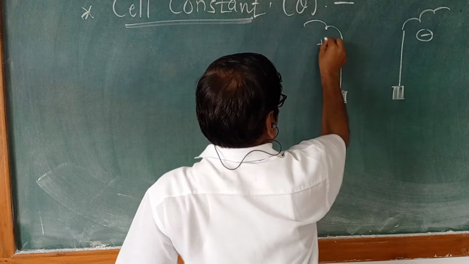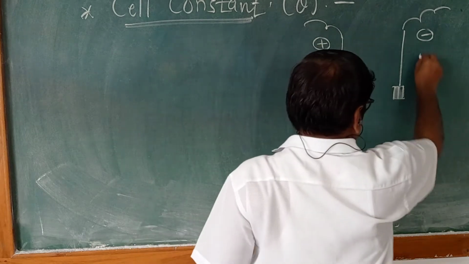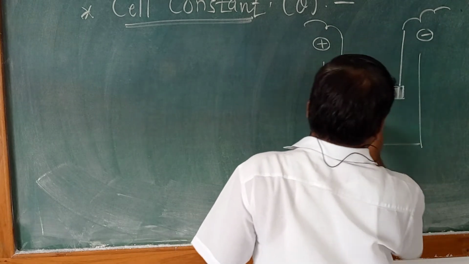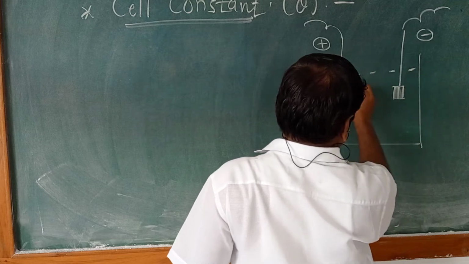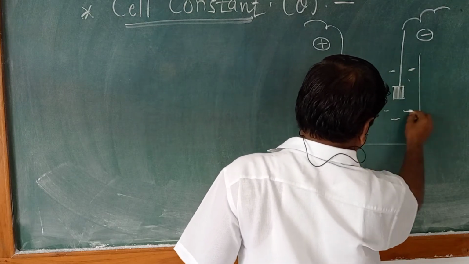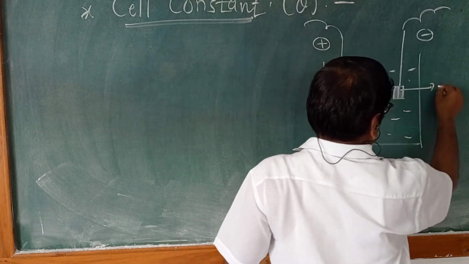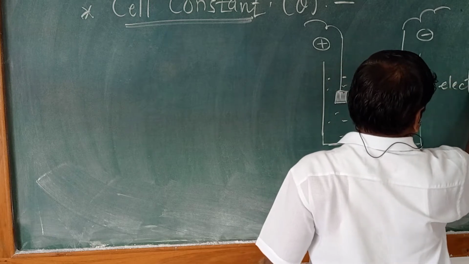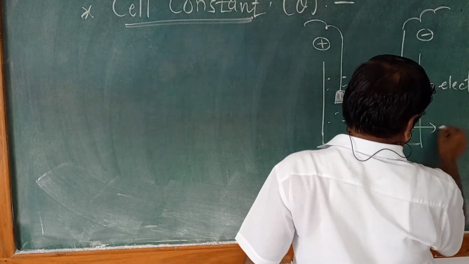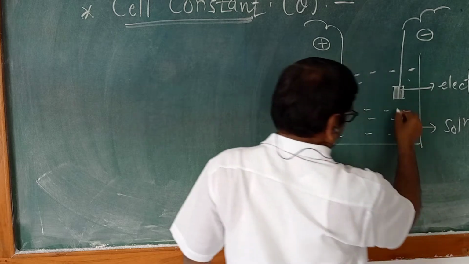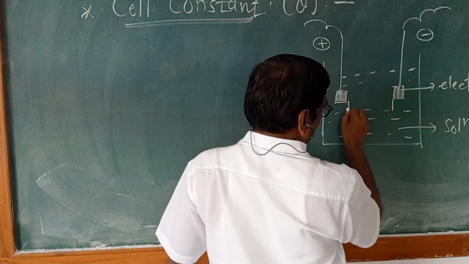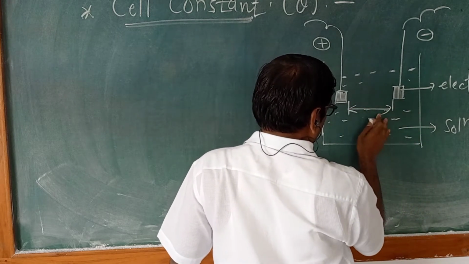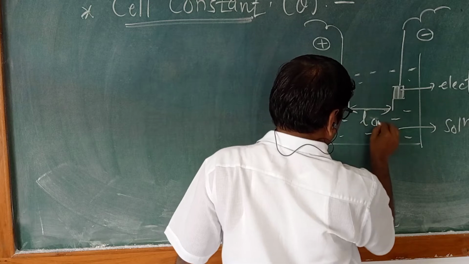Negative electrode, positive electrode. This is the electrolyte solution. The electrodes are fixed. So the distance between the two electrodes is L centimeter.